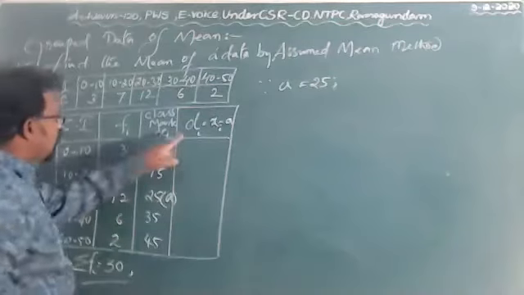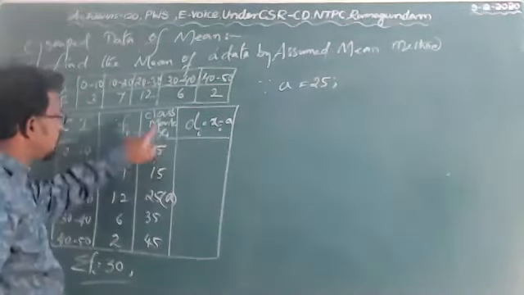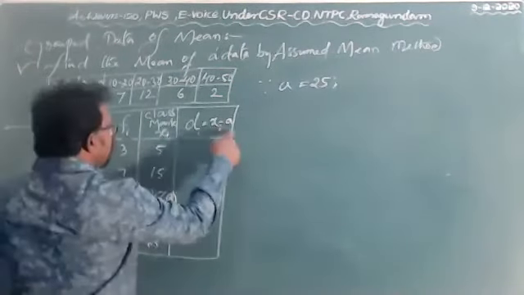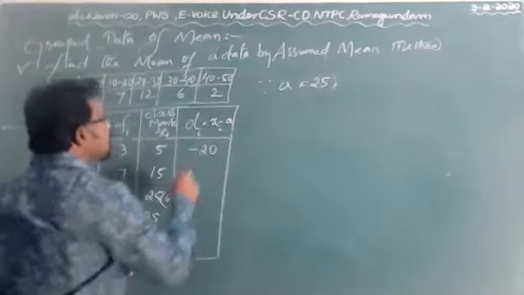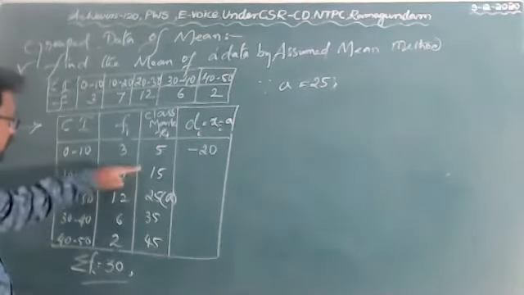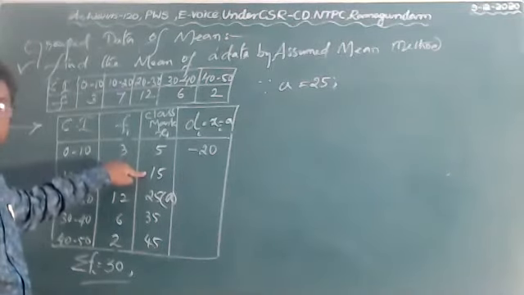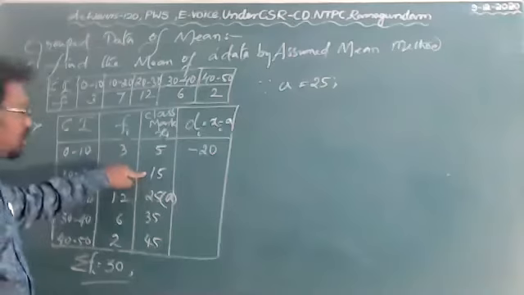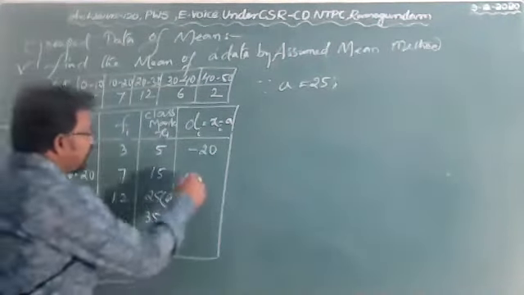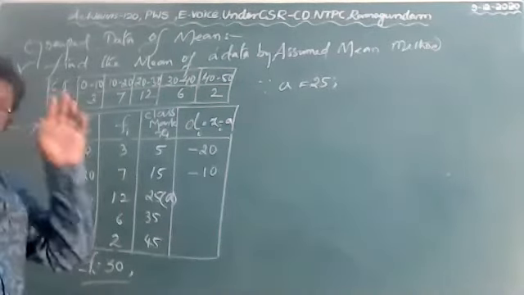Now let's find x minus A. What is x in this row? 5. 5 minus 25, how much? Minus 20. And next, x value becomes 15. 15 minus 25 is minus 10.